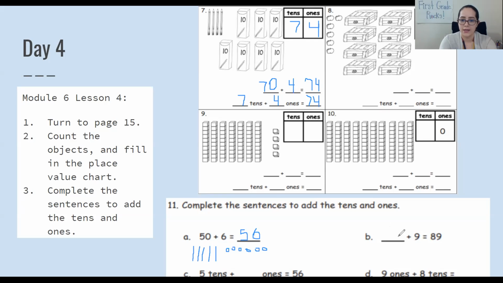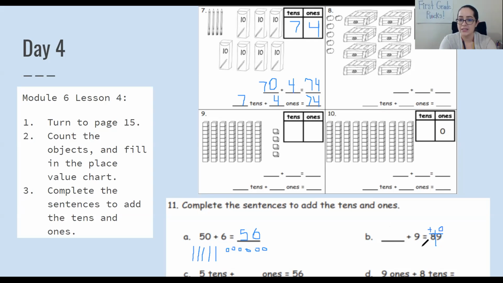Okay, B has blank plus 9 equals 89. So I want to look at 89. I'm going to go ahead and draw a place value chart over it. So here, they've already given us how many ones we have. We have 9 ones. They did not give us how many tens we have. So I see in my tens place, I have 8.